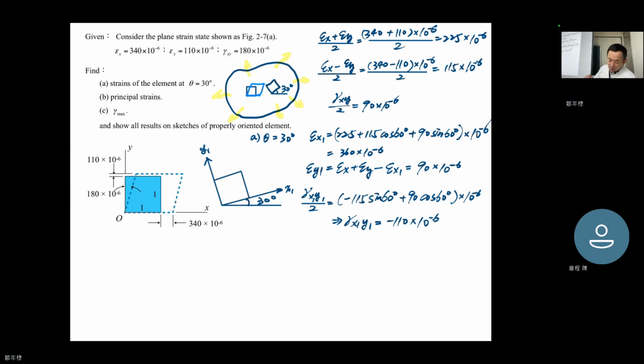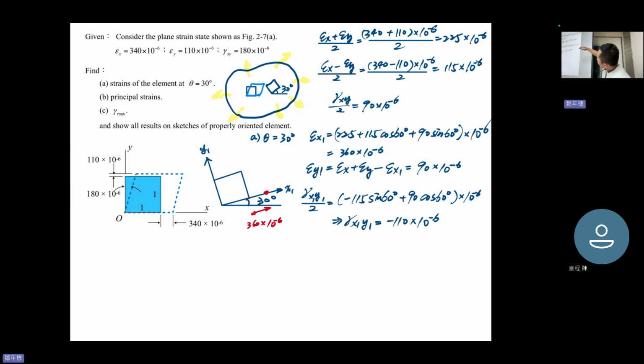Now, after the loading, it becomes this. In the x1 direction, 360 times 10 to the minus 6 positive. So it increased from this point to here. And this direction is 360 times 10 to the minus 6.